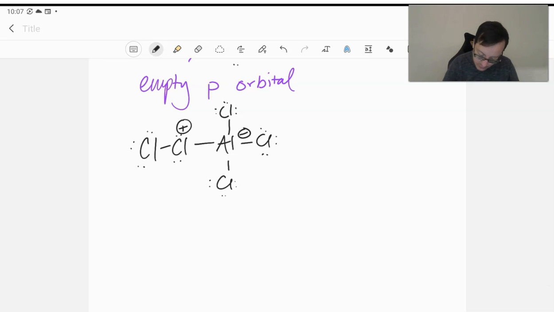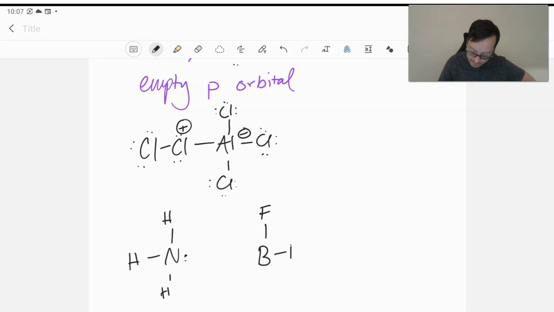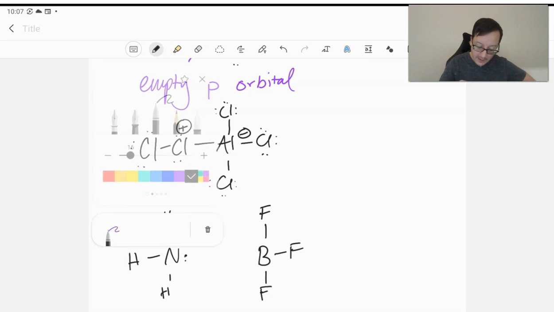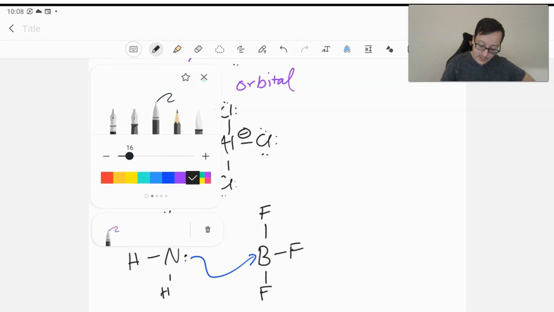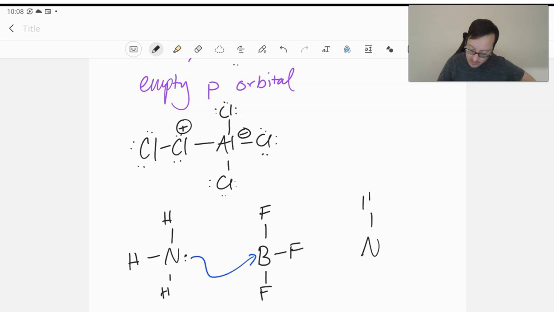NH3, which we'll draw out. Notice how nitrogen has this lovely lone pair here, and something like boron trifluoride, again, missing that extra pair of electrons of the boron, the nitrogen can go ahead and attack it, forming a product in which our boron and nitrogen are now bound together.